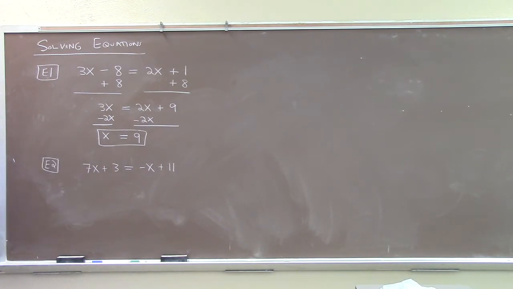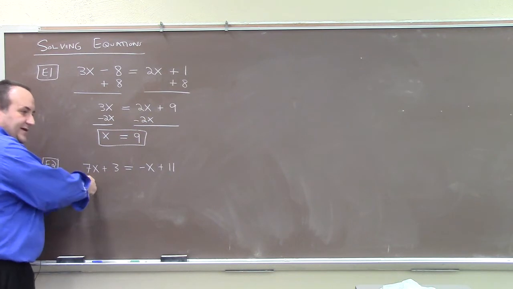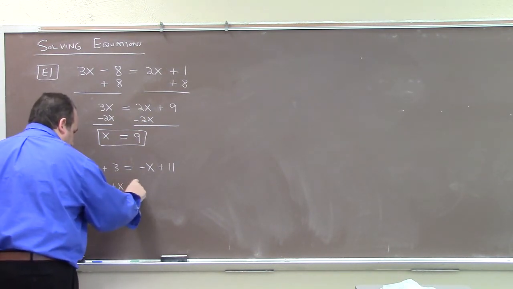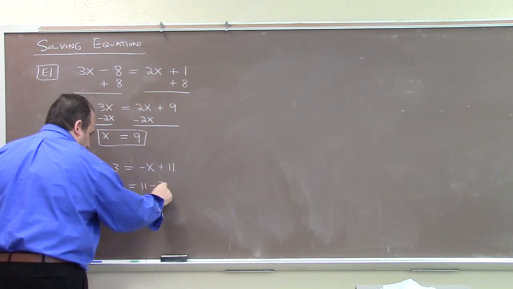So I go, okay, like you said, if I move terms from one side to the other, I change their sign, right? So if I move this to the other side, I get 7x plus x is equal to 11 minus 3, right?